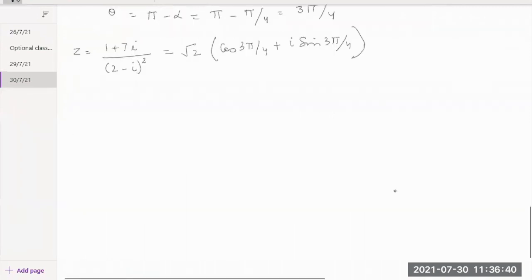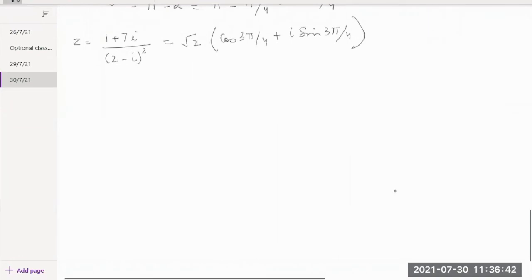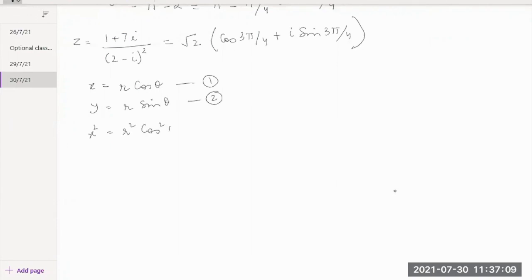Now, one more conclusion which we could have drawn over here. We have learned just now that x is equal to r cos theta. When we started the lesson, this is another concept which we can derive. y is r sine theta. Then, if you square up both these statements, what will happen? x square equals r square cos square theta. Similarly, y square gives you r square sine square theta.